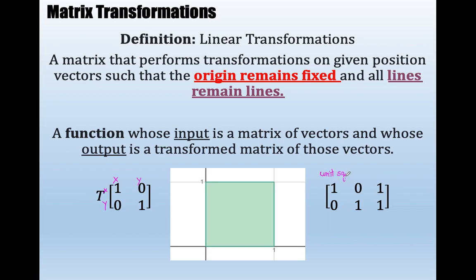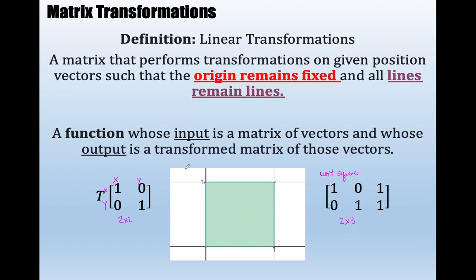Now notice what I've done with the units, 3 separate matrices, 3 separate columns. I just put them in one matrix: 1, 0, 0, 1, and 1, 1. So notice my transformation matrix is a 2 by 2, and my unit square matrix is a 2 by 3.